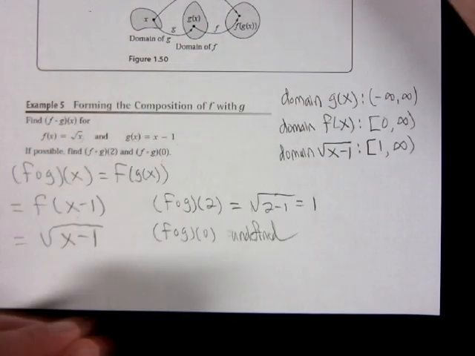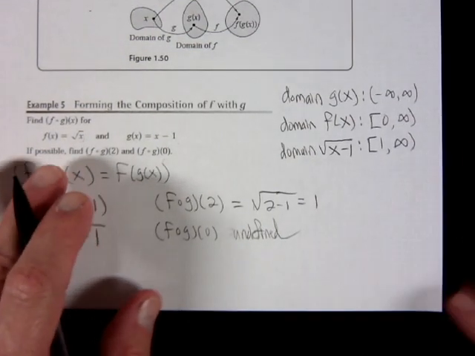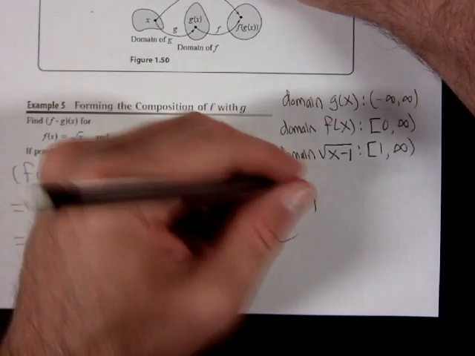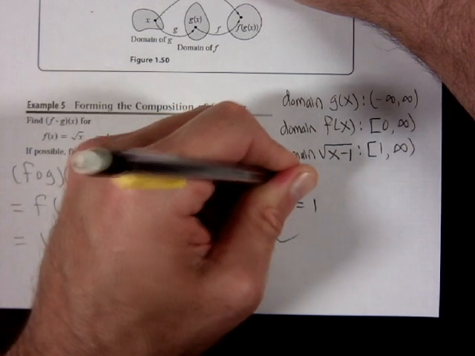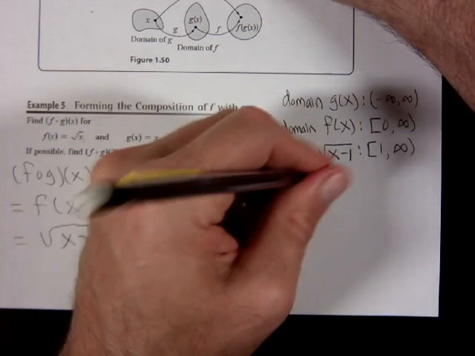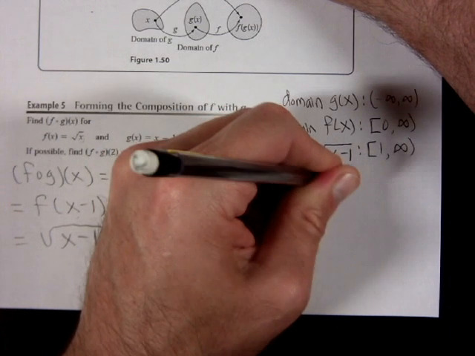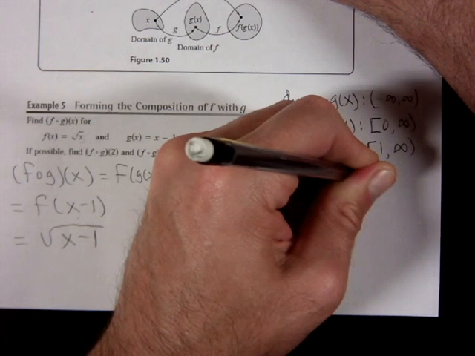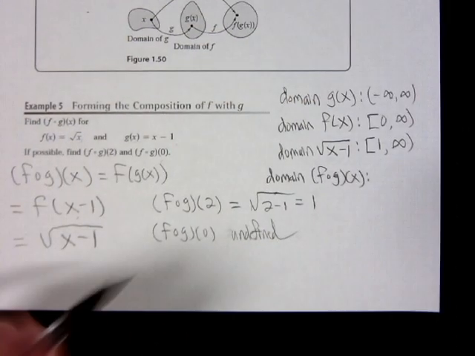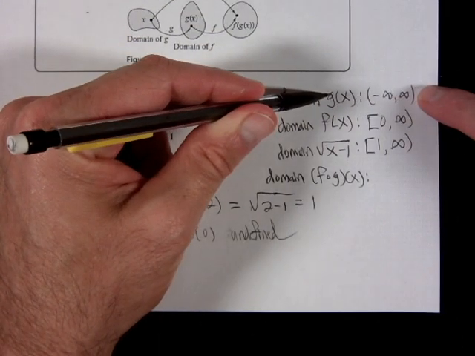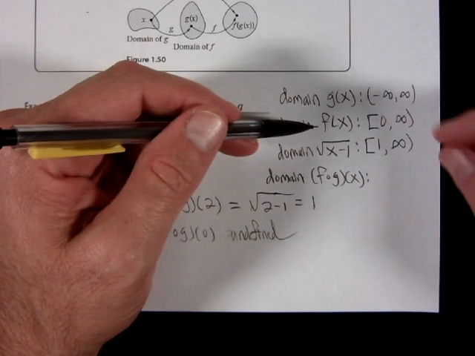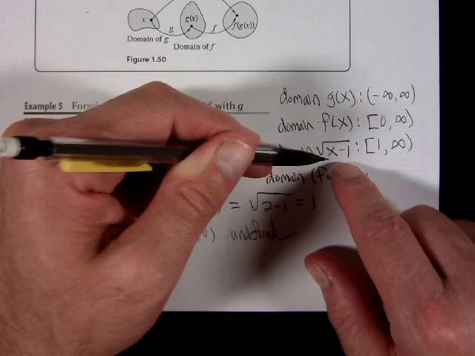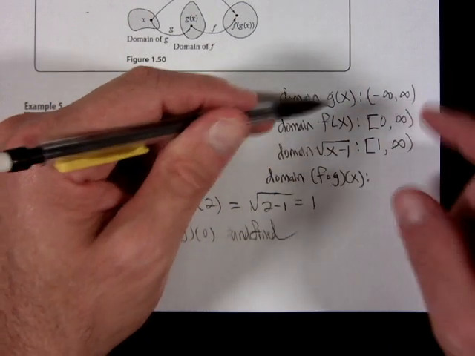Now, I can look at the domains of each one of the functions individually and the composition to come up with the domain of the entire function f of g of x. Remember, I've got to start with the domain of g, then take into account the domain of f, and then the domain of the composition function that forms as well, because it can be restricted there.